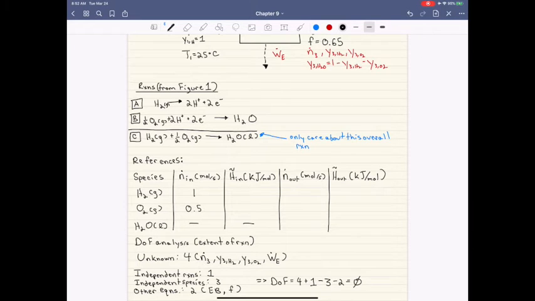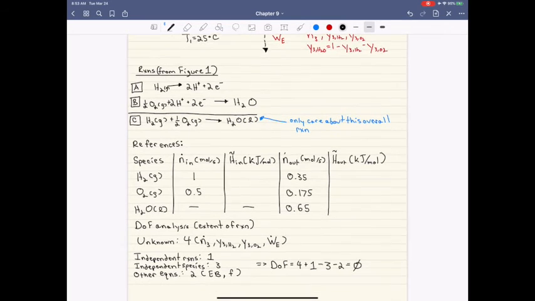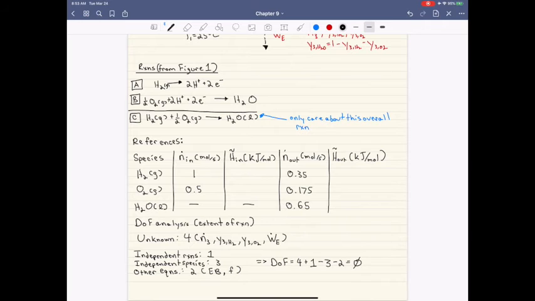For the stuff coming out, 0.35 moles per second of hydrogen gas is coming out, 0.175 of oxygen is coming out, and 0.65 moles of water is also coming out. So by solving the material balances, we could fill in these sections of our enthalpy table.